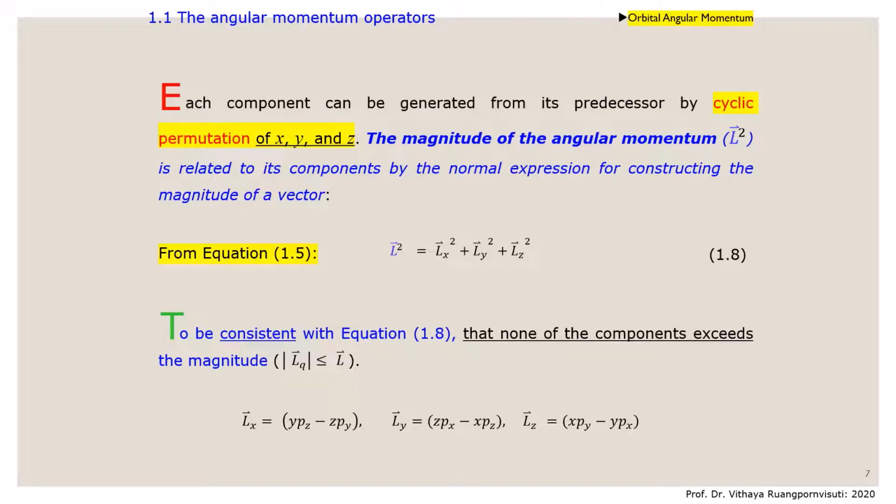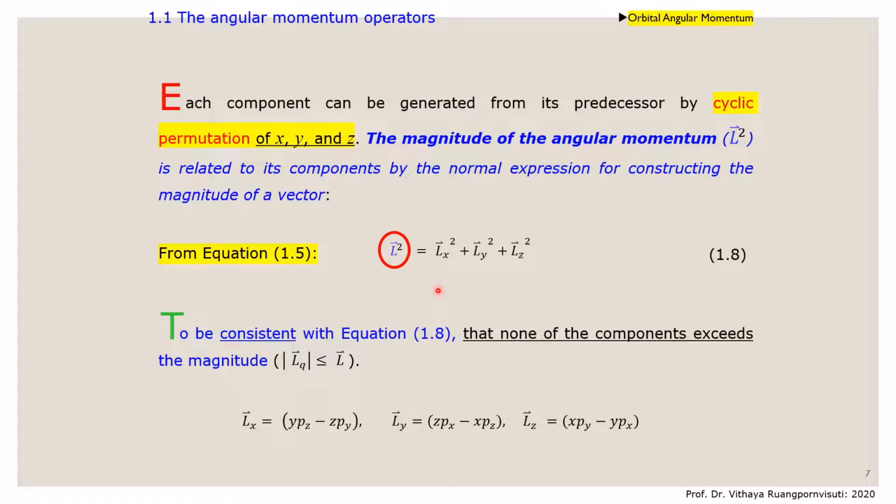The magnitude of the angular momentum, denoted as L squared, is related to its components by the normal expression for constructing the magnitude of a vector. Modification from equation 1.5 becomes equation 1.8, namely L squared is equal to the summation of the squares of its components of the angular momentum.